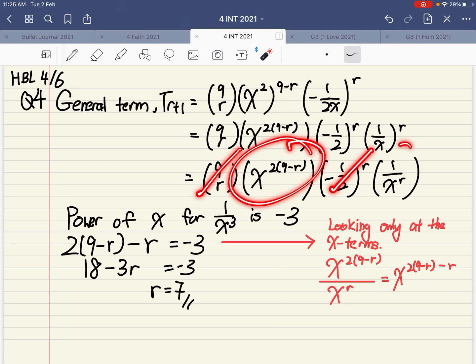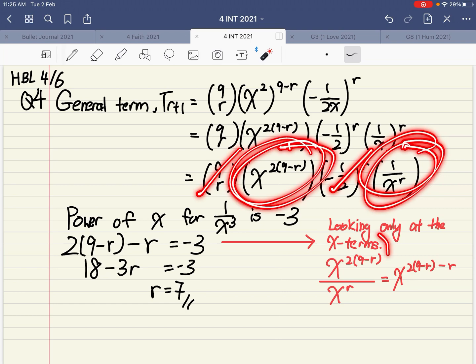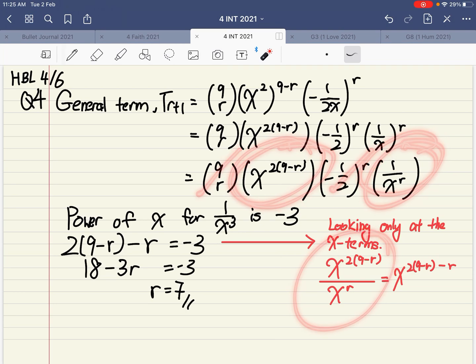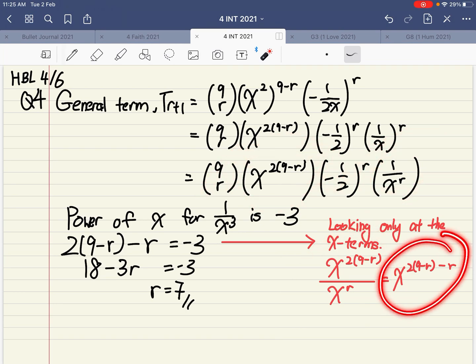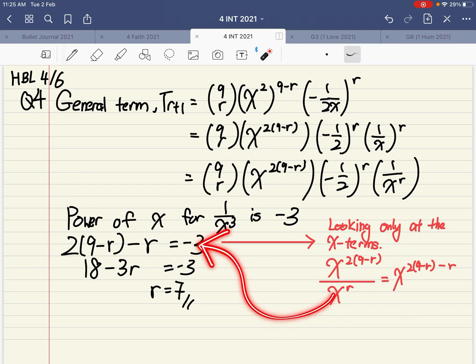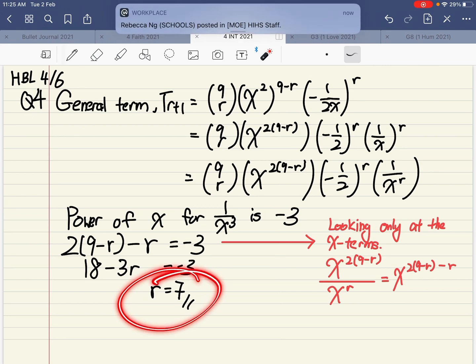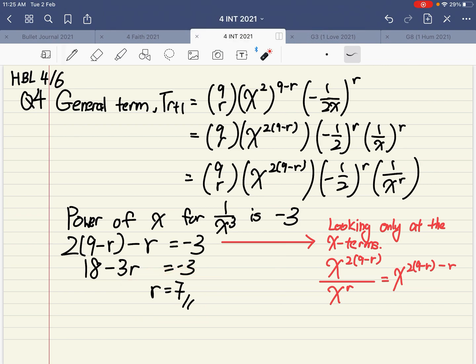I will look at this x term and this x term here. x to the power of 2 times 9 minus r times 1 over x to the power of r, I will get this term over here. Using my laws of indices, I will simplify it to x to the power of 2 times 9 minus r, which is how I get to this portion here. And why negative 3? Because the power of x, in this case, I'm looking for is negative 3. If I solve, my value of r is equal to 7.